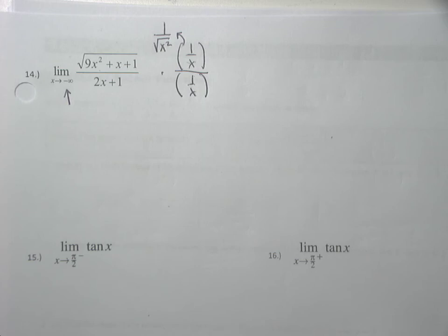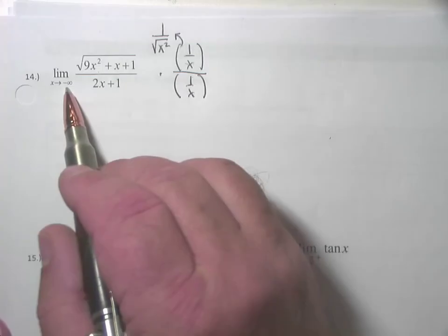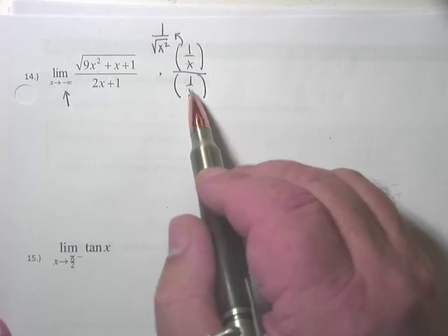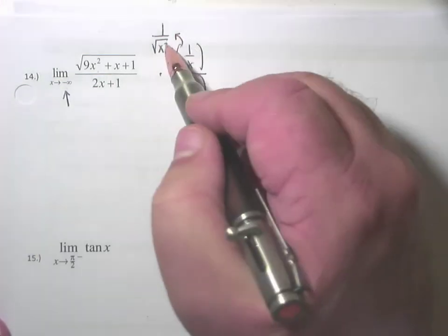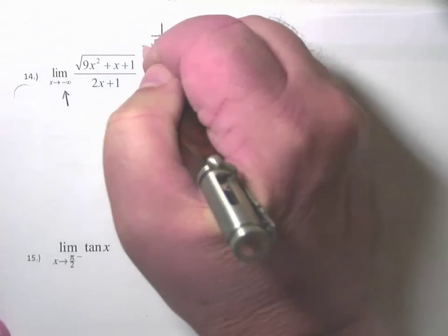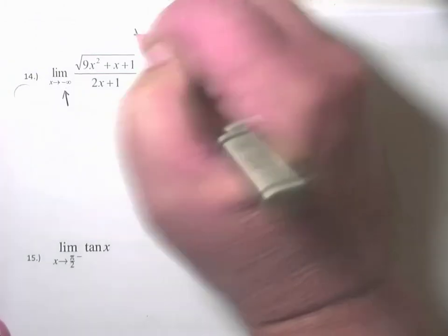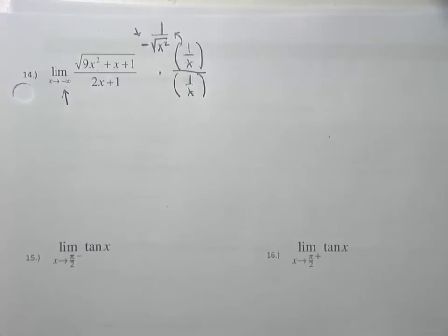So here's the trick. Because you're going after negative infinity, this guy's going to be negative, but when you do the square root of x squared, that's positive, so you have to put the negative in front of the square root. Remember, when you do square roots, you've got two options, a plus square root or a minus square root, and when you do the limit as x approaches negative infinity, you need the negative square root on this to make the ratio the same.